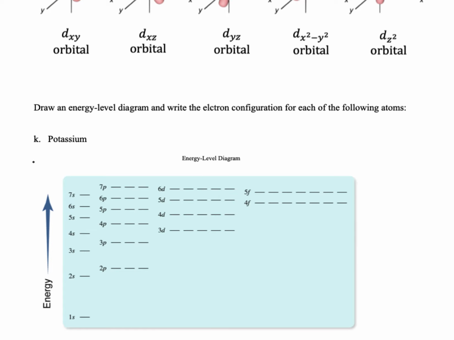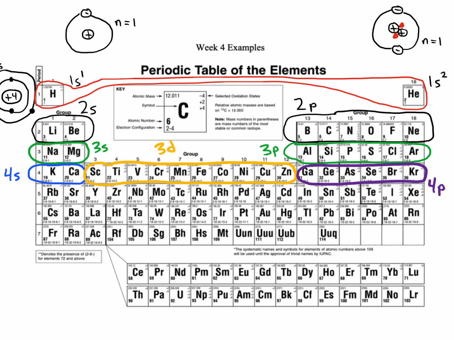So now we'd like to go on to a much larger atom, potassium. Let's see where it's found on the periodic table. Potassium is here in row 4. So let's see what it takes to make a potassium atom.